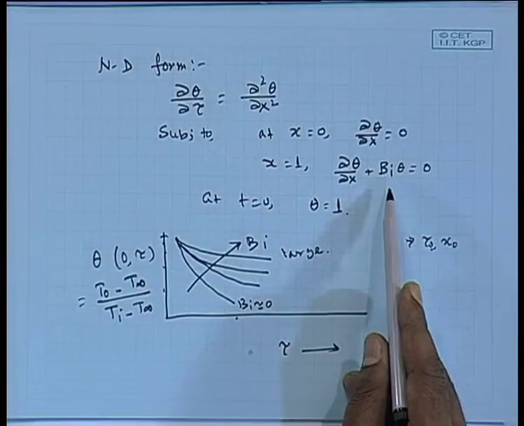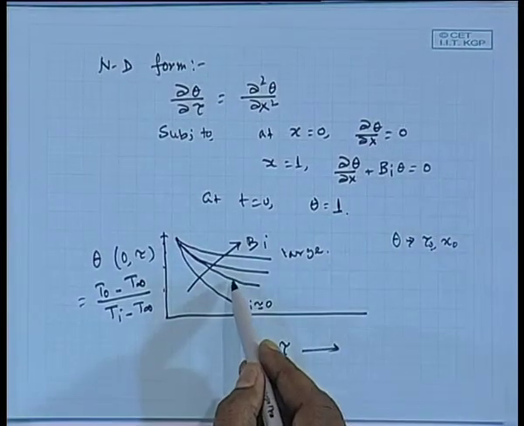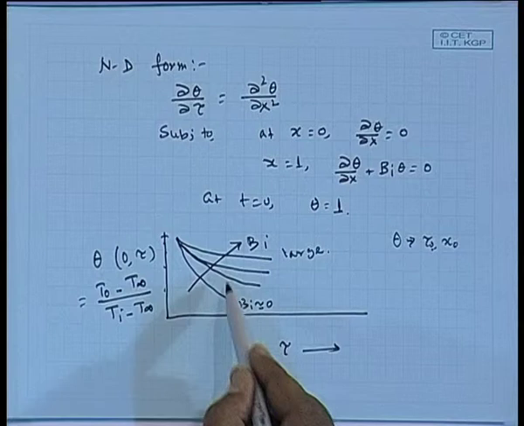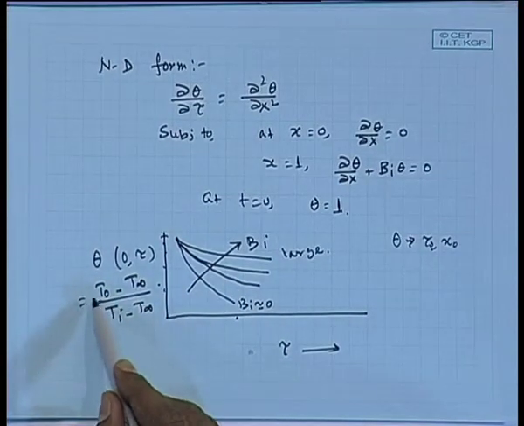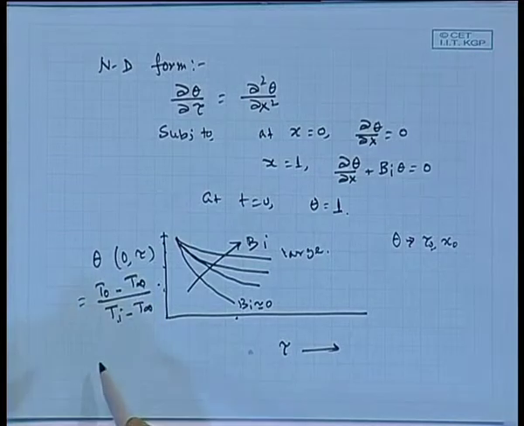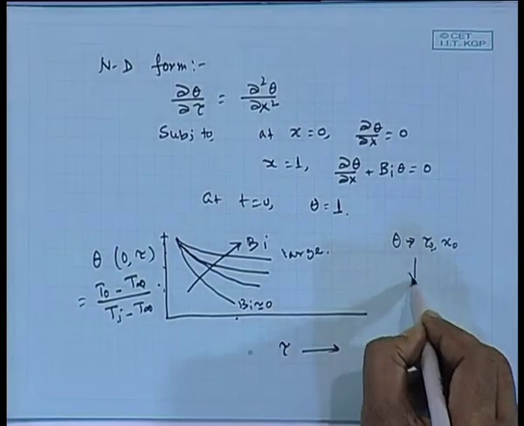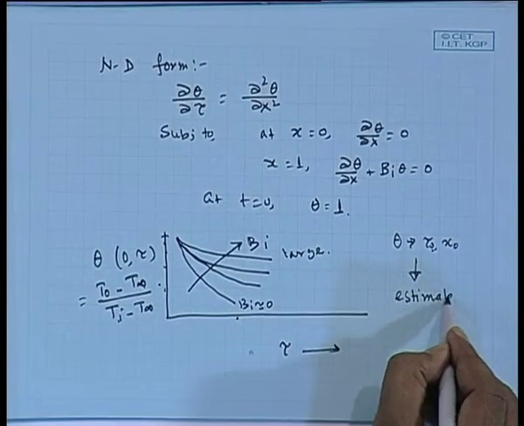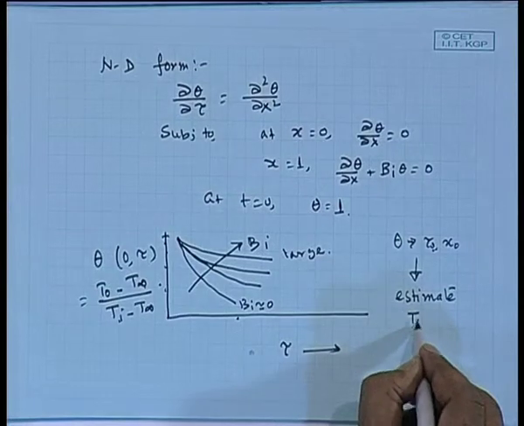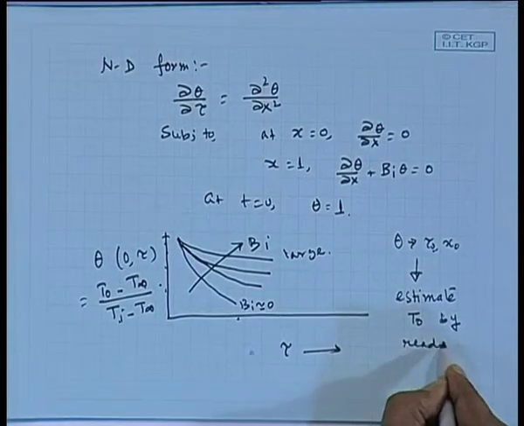So, Biot number will be known, conductivity and length etcetera all known. So, you go to that particular Biot number curve and read the value of theta, that will give you the central line temperature, because T i is known, T infinity is known, that is the ambient temperature. Okay. So, the first step will be to estimate T naught by reading this graph.